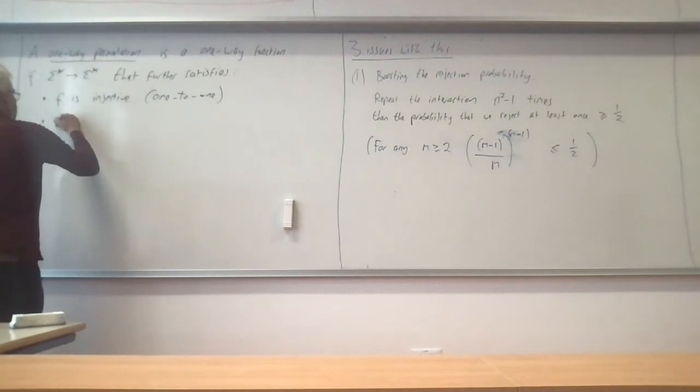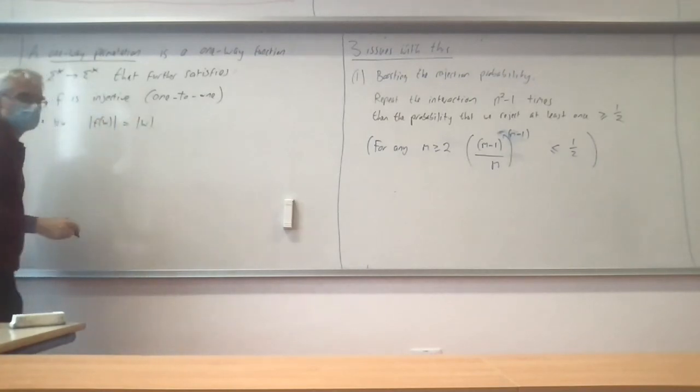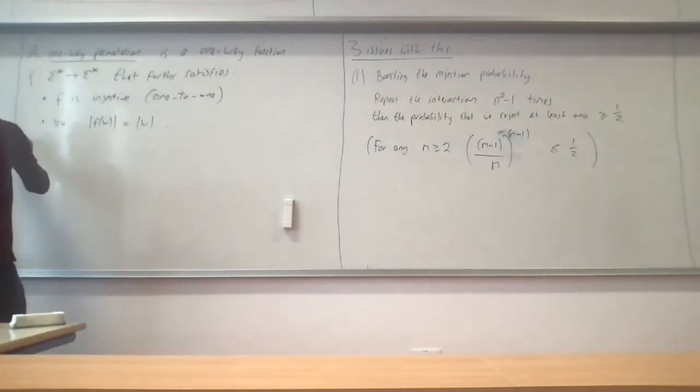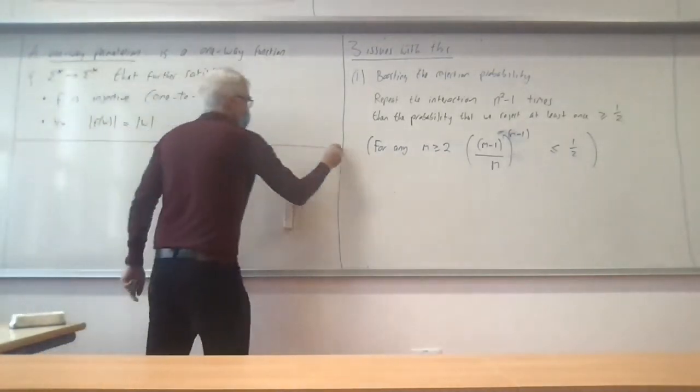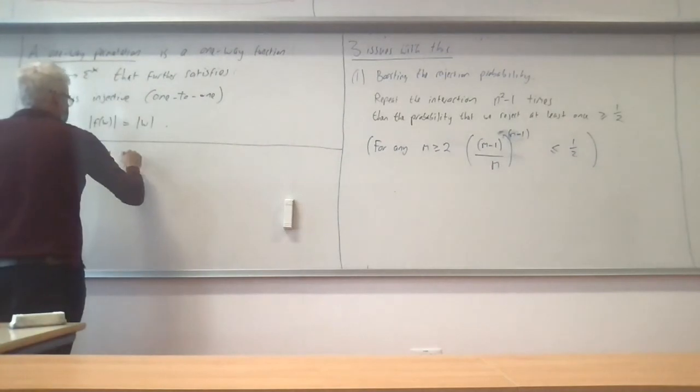So for all w, the length of f applied to w is just the length of w, since it preserves the length of strings. And we're going to make the assumption that a one-way permutation exists.